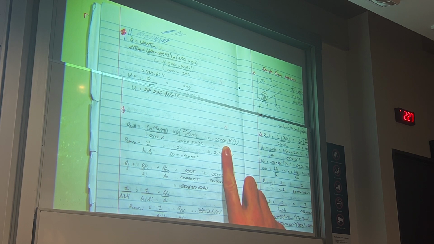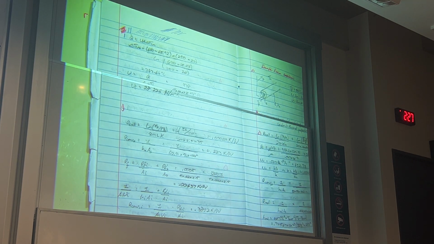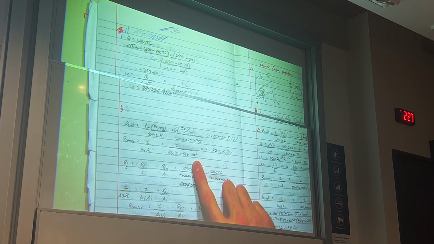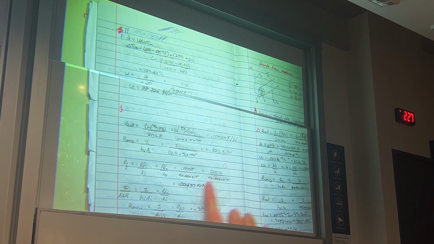We have a pretty high conductance through our steel tube, so our resistance should be low. Our convection through our water ended up being much higher. We can look at our fouling factors here, which actually end up being pretty low.